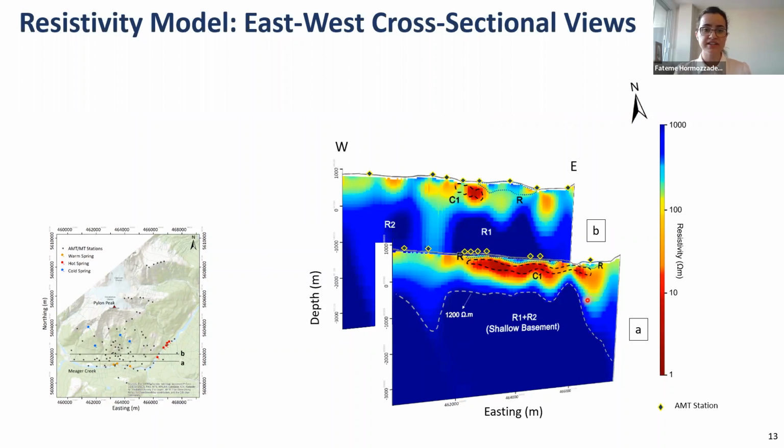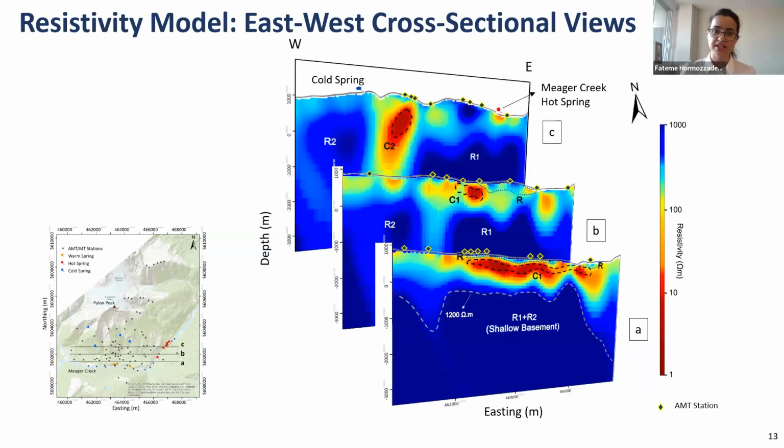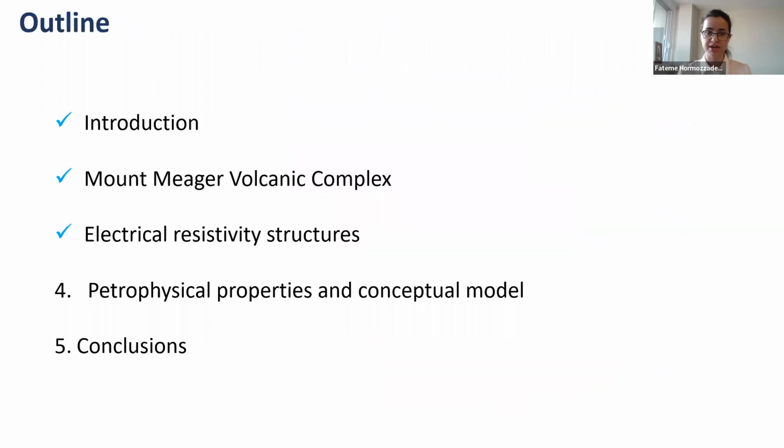It has different thicknesses through the model, between less than 100 ohm meter to almost 500 ohm meter in some areas. And moving to the north, we see that we don't have the C1 conductor, and the C2 conductor appears, for example, in this slice to the north.